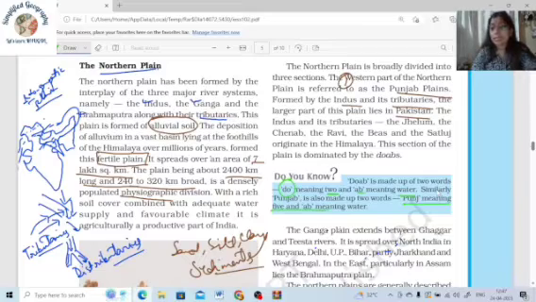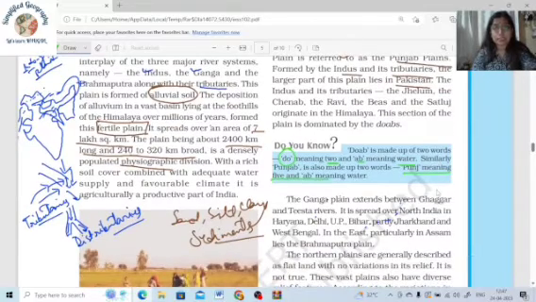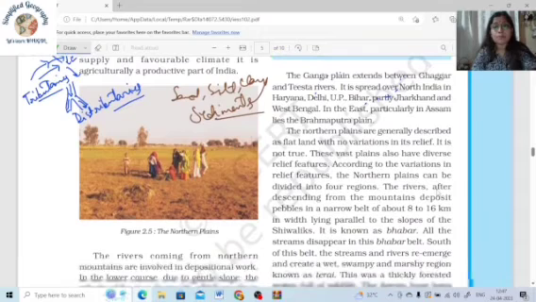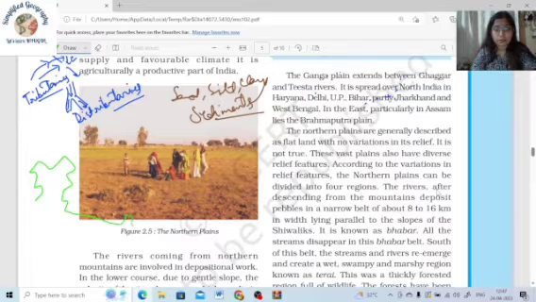The Ganga plain extends between the Ghaggar and the Tista river. It is spread over northern India: Haryana, Delhi, UP, Bihar, partly Jharkhand and West Bengal. Let me draw the map, then you will better understand the location of the Ganga here. Okay, so from here the Ganga has originated, then it comes down and enters West Bengal.